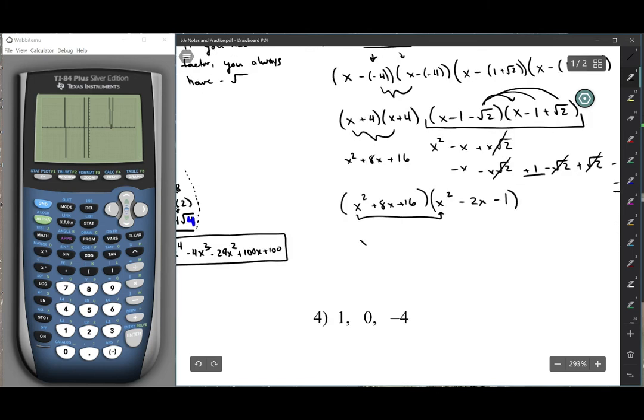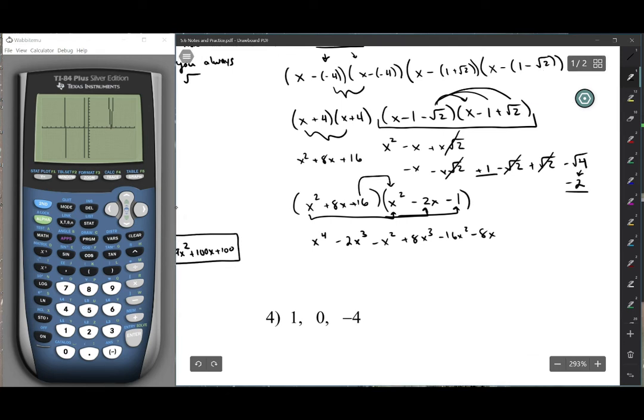It's just tedious, and it's practice with multiplication. We're nearing the end of the chapter, so all of our skills are starting to be used at once. 8x times x squared, minus 16x squared and minus 8x.